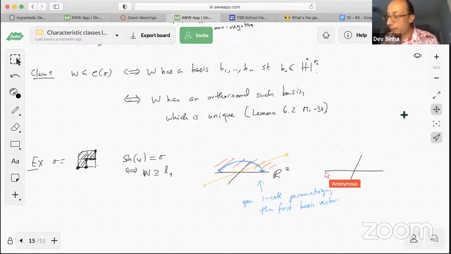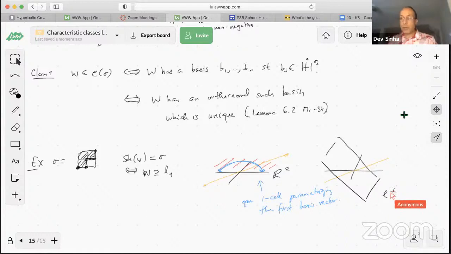So I have this line, and what I do is I consider L perp, okay, that's going to be three-dimensional. And the second basis vector is going to sit there.